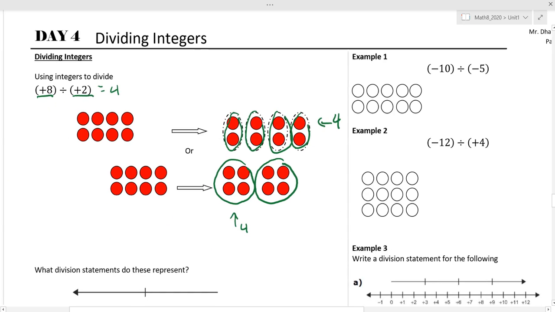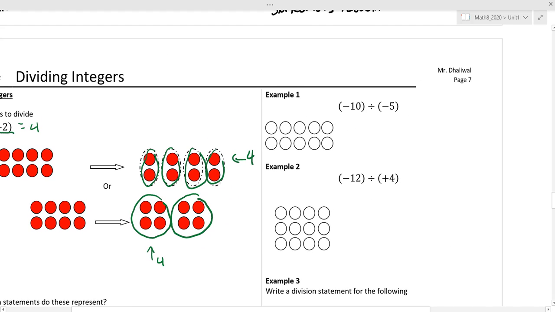Let's look at example 1 here. We go negative 10 divided by negative 5. So we have our 10 dots here. Now, can you tell me if the final answer is going to be negative or positive? What can you tell me, Lachlan? It's going to be positive. Yeah, two negatives make a positive. Now, for negative 10 divided by negative 5, we can put them into 5 groups. 1, 2, 3, 4, 5.